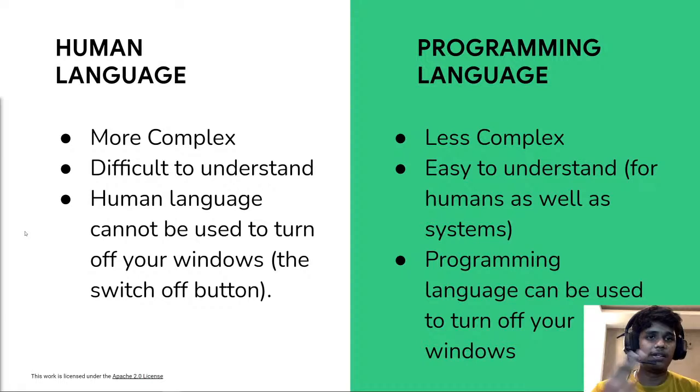Even there, when you talk to the system, what it basically does is convert the human language interpretation to system language. Then the system will understand that okay, I have to shut down the system, and then it'll shut down the system. So that's all I wanted to convey about human language and programming language.